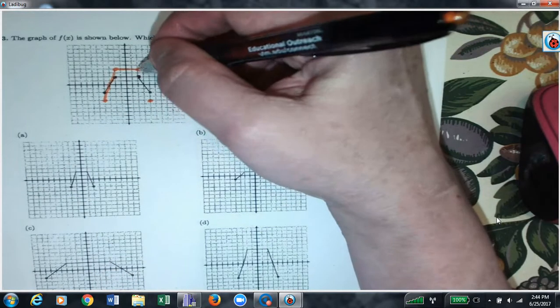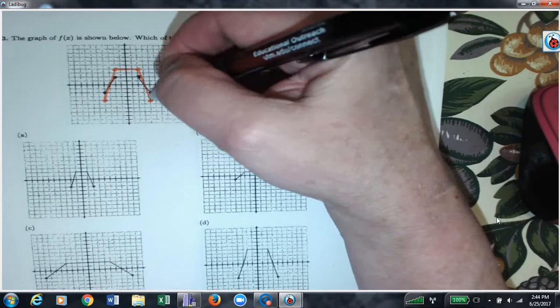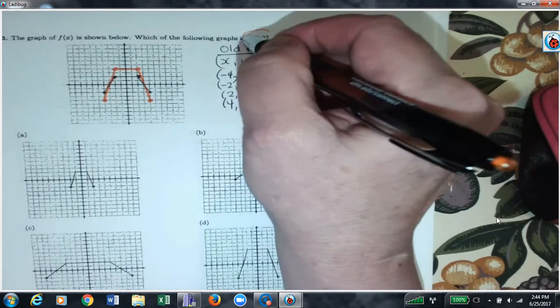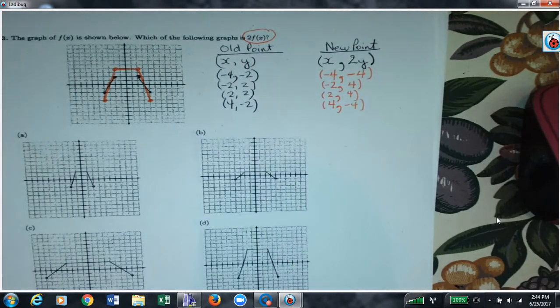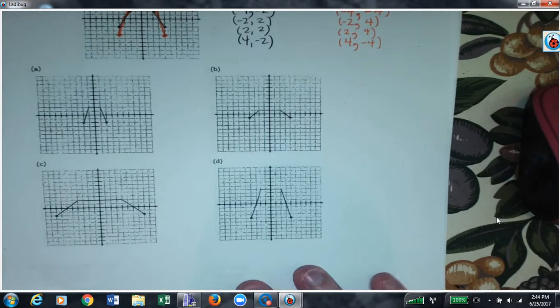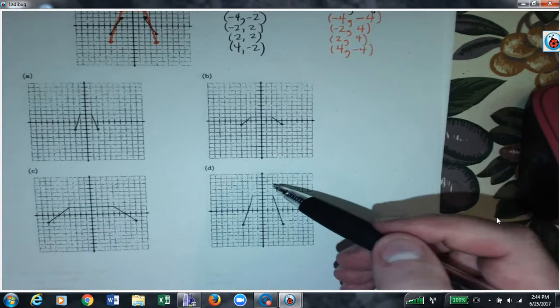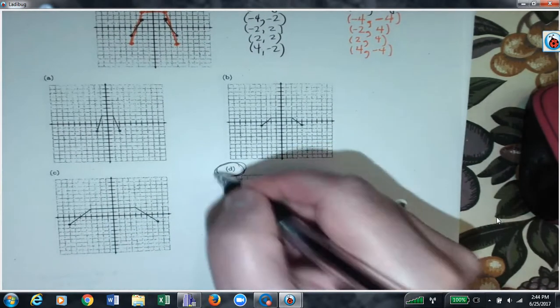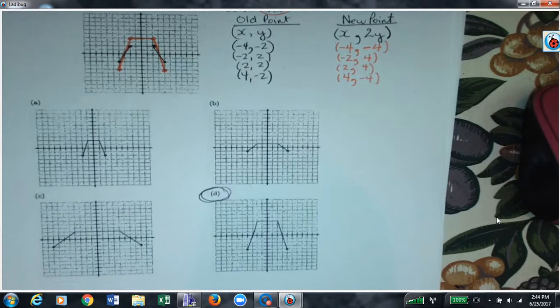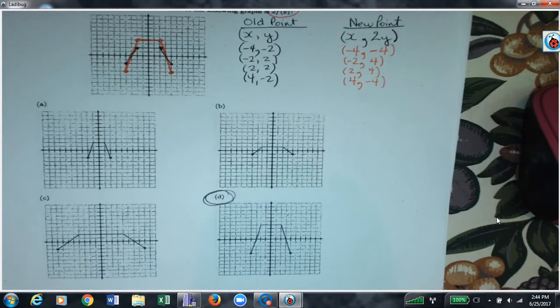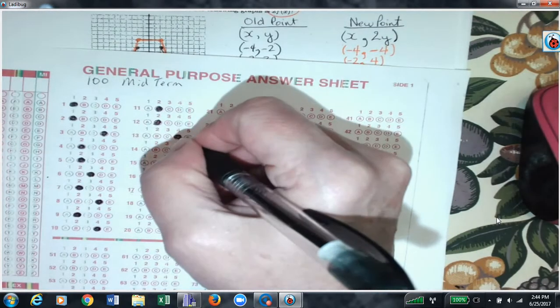And then I'll join those together. So that's what the graph of 2 times f of x looks like. And if I look at these selections, there it is, selection D. Okay, so what I've drawn in orange is the same as selection D. So number 13 is equal to D.